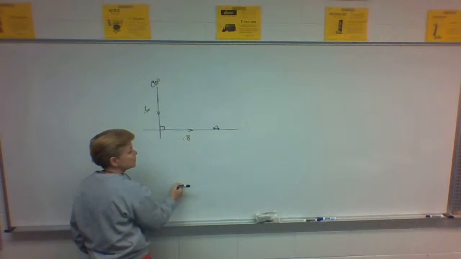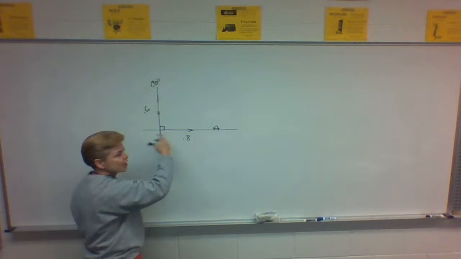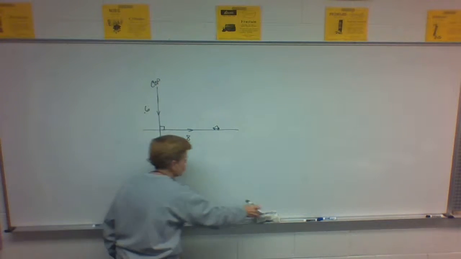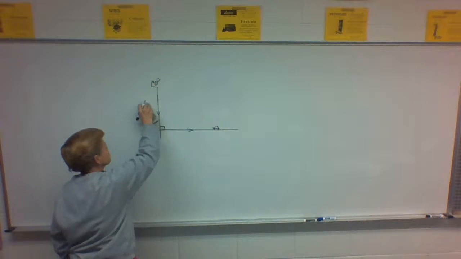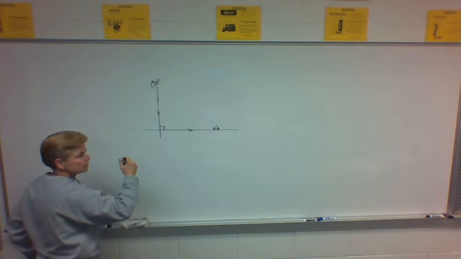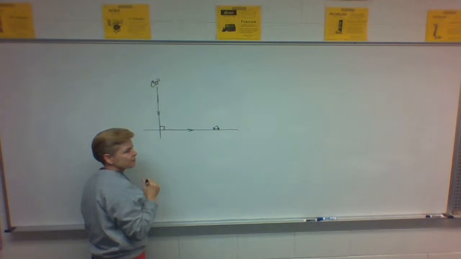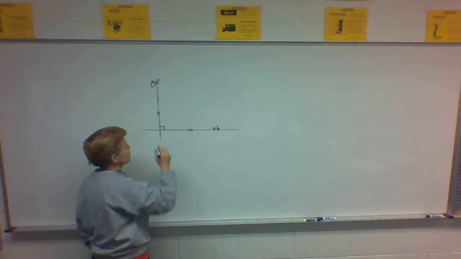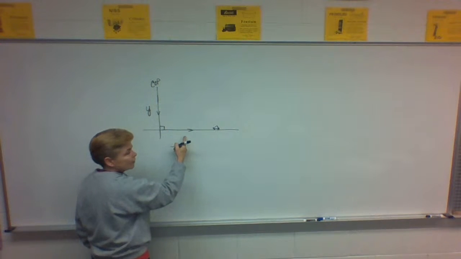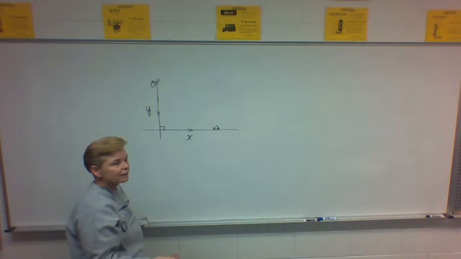Is that right? No! Are these things changing? These things you put the numbers on? Then don't put them on the picture. Don't fall for that. What do you want to call this distance right here? I want to call it Y. Yeah, that's Y. I'm going to call this one X. And I'm putting them on there as variables because they're changing.